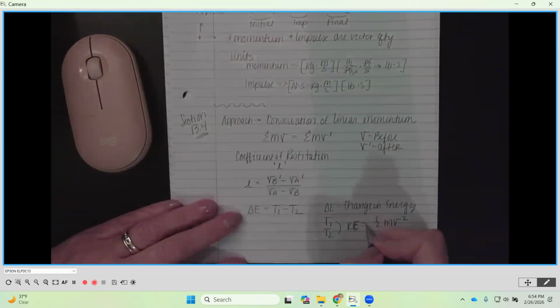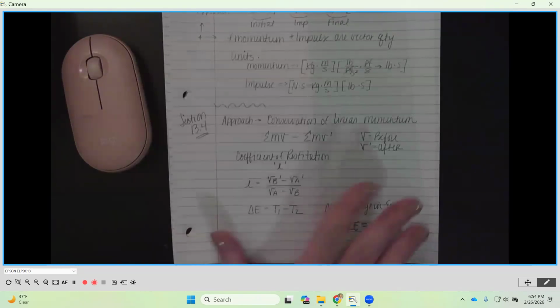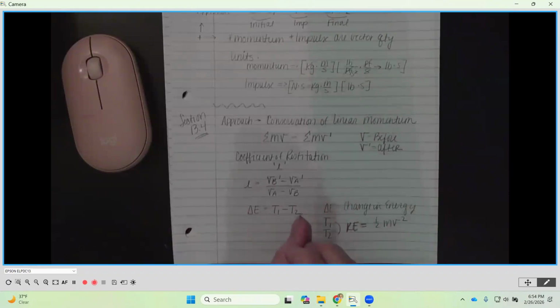So this is kinetic energy equal to. Okay. And again, that'll not be today's example anymore, but the next time we get together, we have a couple examples to do, and it'll be that one. Kind of looking forward. Okay, so this will round out the equation sheet for chapter 13.